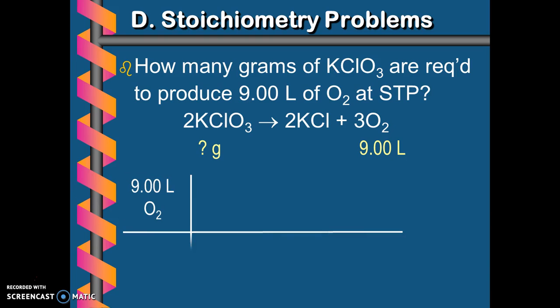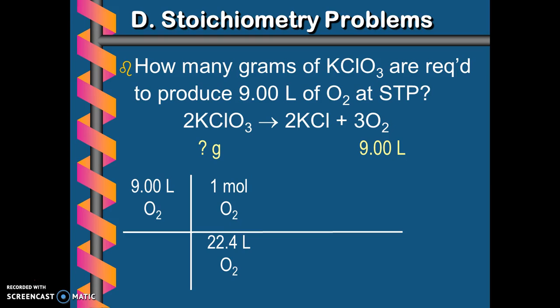So here's how we're going to lay it out. We're going to start with our 9.00 liters of oxygen, and our first step is going to be to convert those to moles of oxygen. So we're going to put liters of oxygen on the bottom so it can cancel out, and we're going to use our 22.4 liters per mole of oxygen conversion. And how we know it's 22.4 liters per mole is that we're given conditions of standard temperature and pressure.